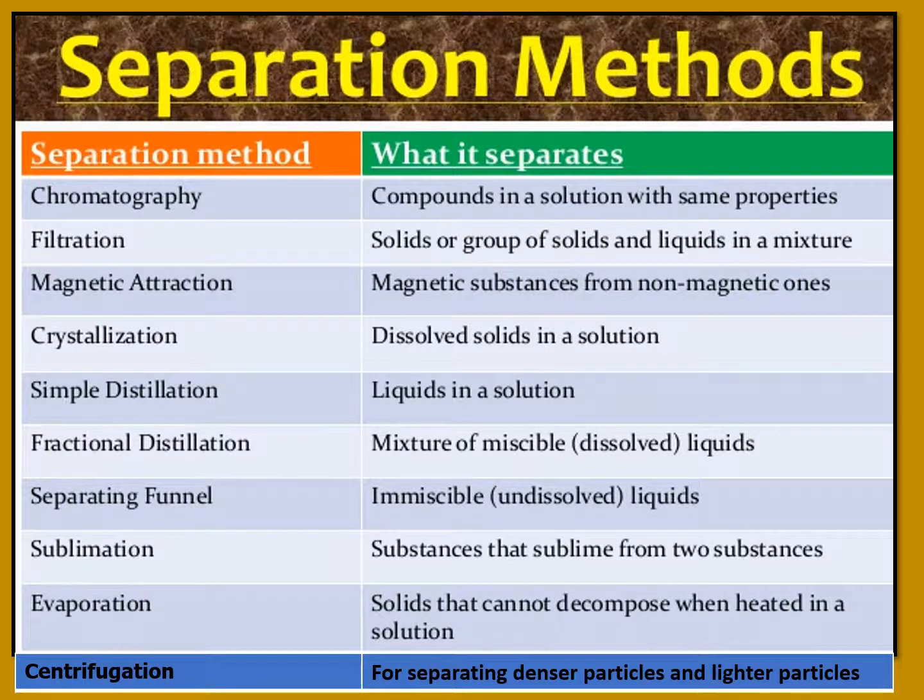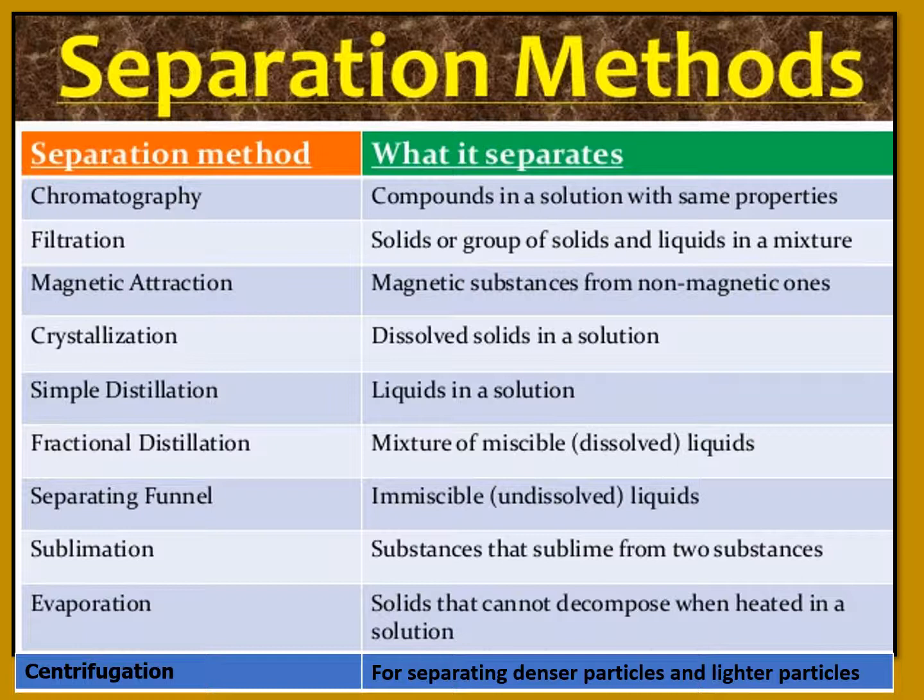Now there are different methods of separating the mixtures, particles or components. Let's go through them. Separation method and what it separates. Chromatography is used for separating compounds in a solution with same properties.